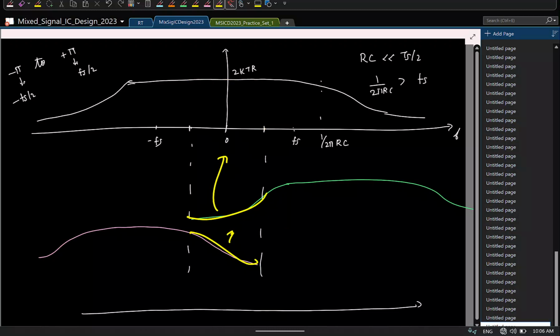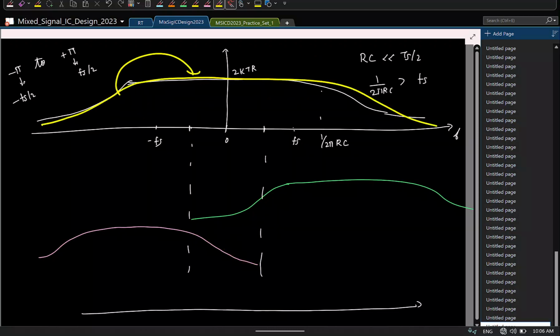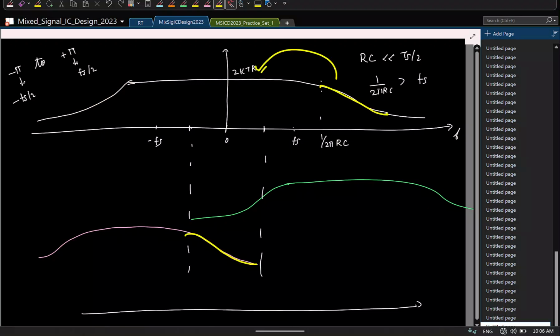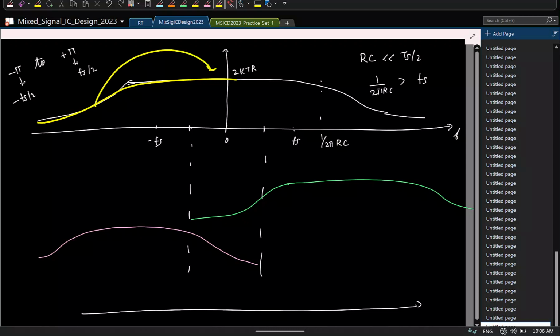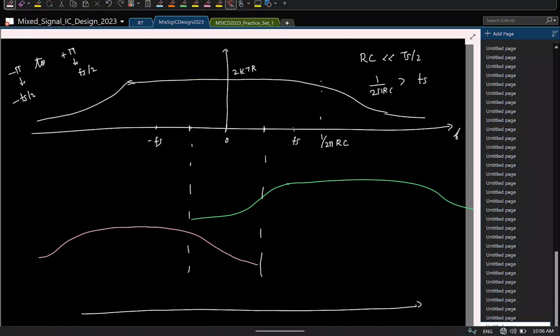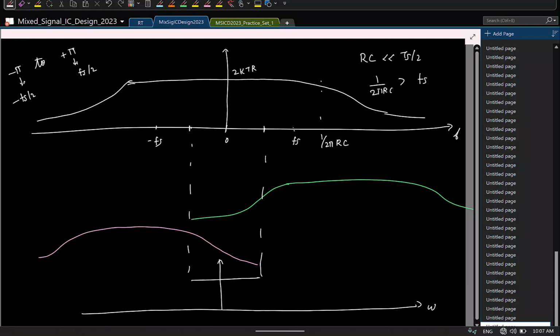Because of infinite repetitions, the entire curve will get superimposed on this and added, and you will end up with a final white noise in discrete time.